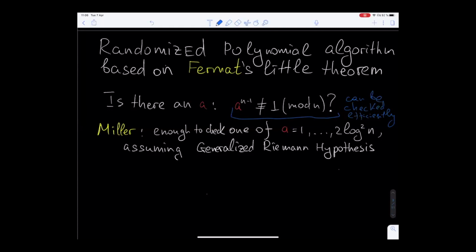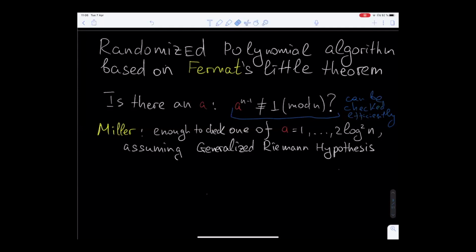Well, the only drawback is that we need generalized Riemann hypothesis, and it's something hard and not clear if true. It's one of the major open problems in mathematics. So that's not so good.